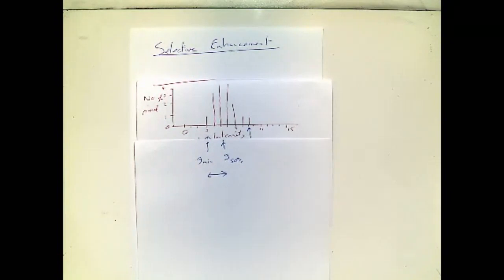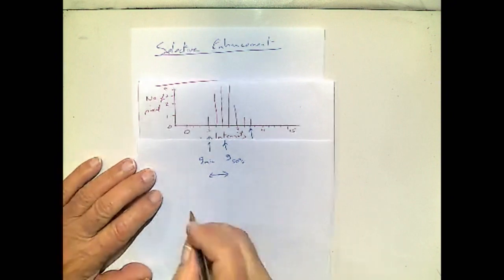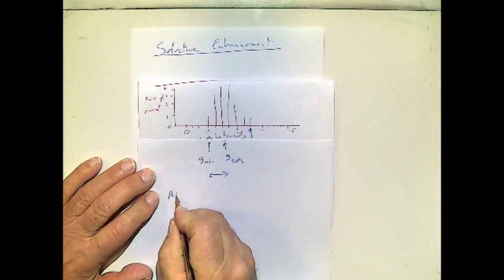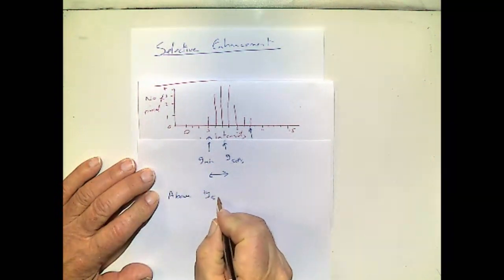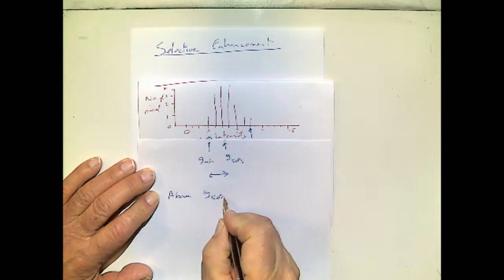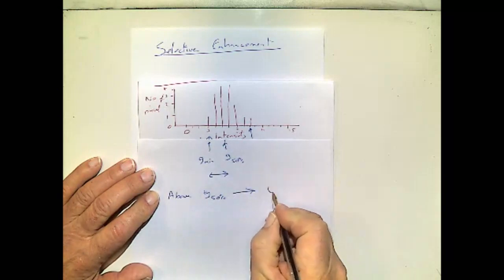So what we're going to do is use exactly the same process, but instead of taking G max, we're going to take G 50%. Above G 50%, pixels go to white. So we only follow the bottom half of the histogram.